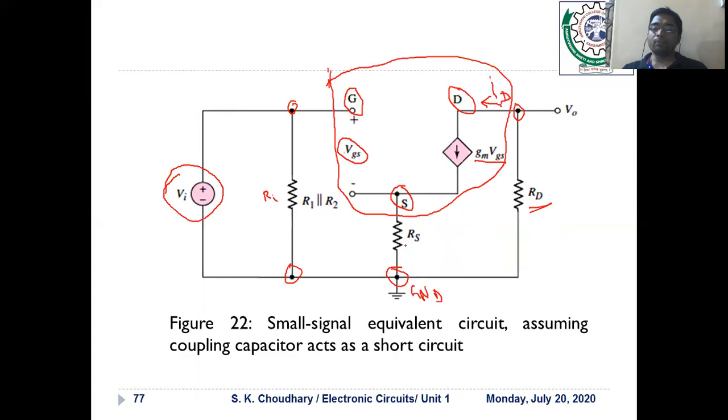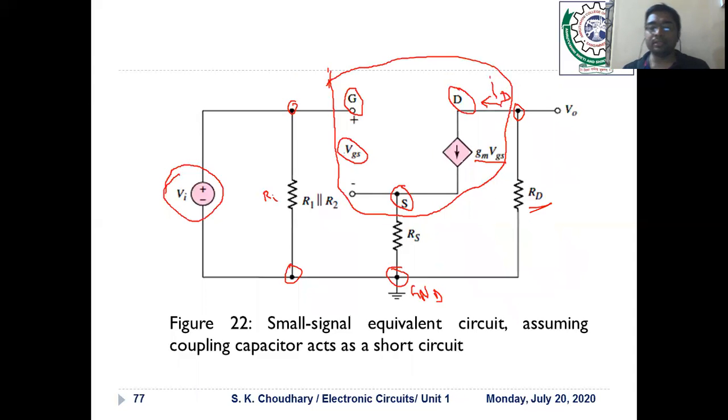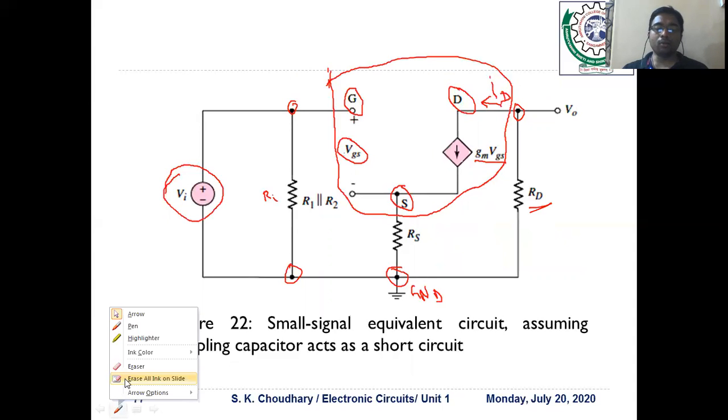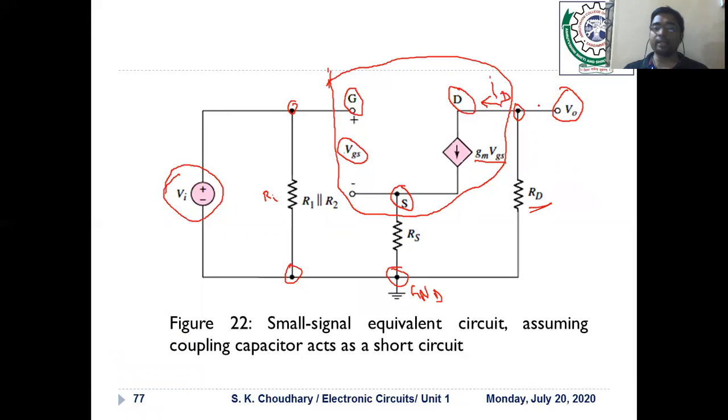Similarly, for the source resistor, one end is connected to the source, the other end to the ground. Okay, so this is the complete small signal equivalent circuit of the common source amplifier with RS, and the output voltage is calculated at the drain terminal, between drain and ground.